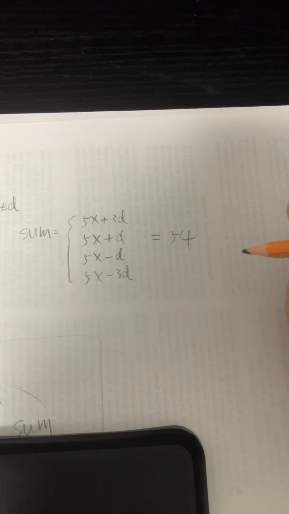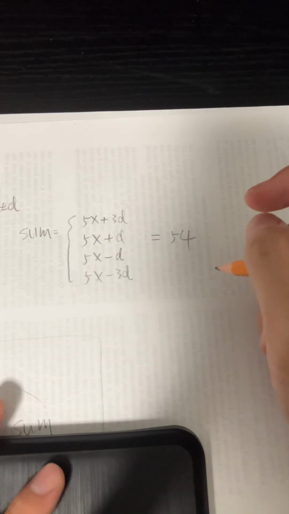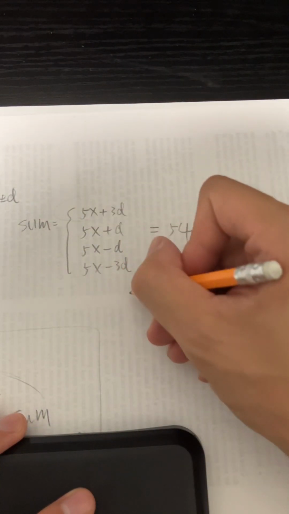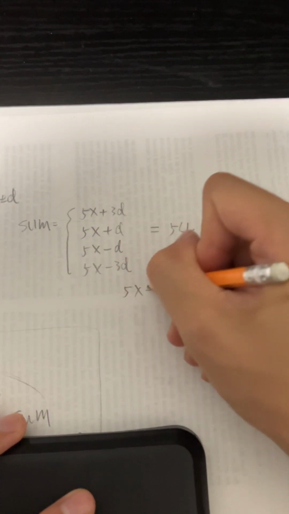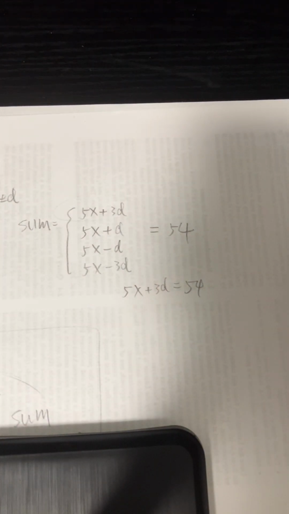But this time, I think we're really doing some number theory in this paper as a whole, which is actually a good thing from my perspective. But anyways, let's look at the first subtype. It gives that 5x plus 3d is 54. So that is to say 54 minus 3d should be a multiple of 5.